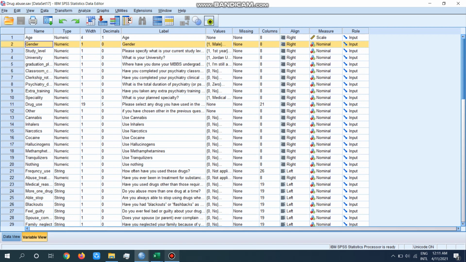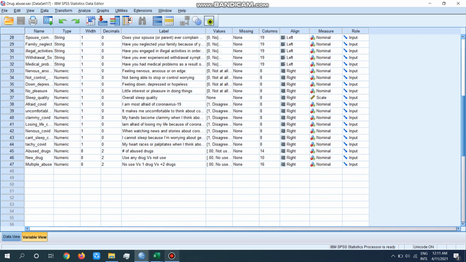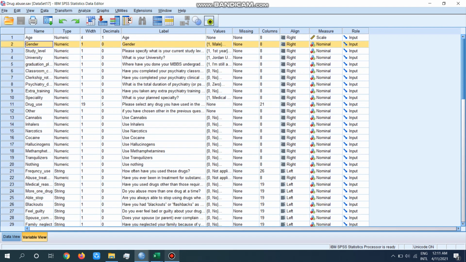Like for example, the age, or the sleep quality I have here. It is a scale. So basically any variable which has a scale measure, which is continuous, has to be checked for normality.